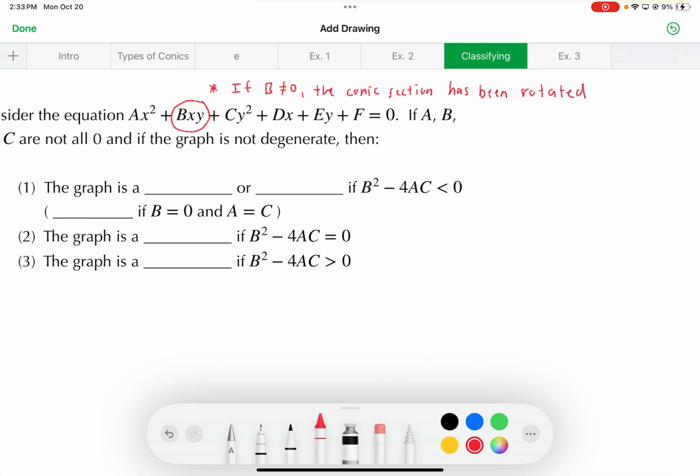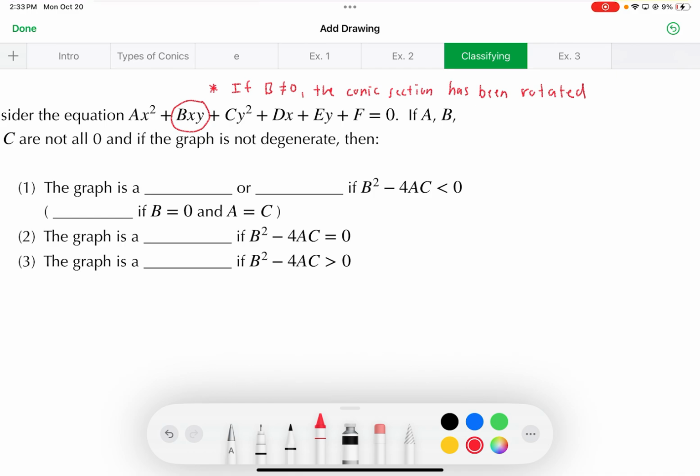Maybe something we'll visit much later on in the course. I don't know. We'll see. But by rotated, I mean rotating it to where the axes are not horizontal or vertical. Okay? Everything we've worked up to this point, b has been 0.